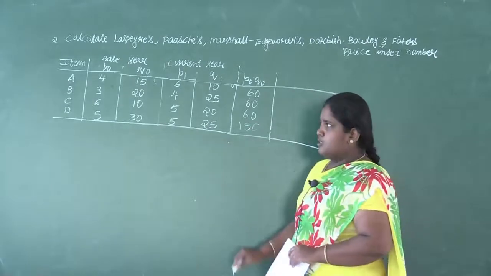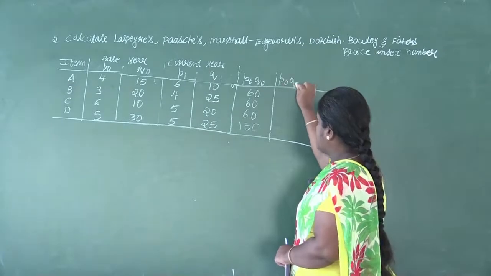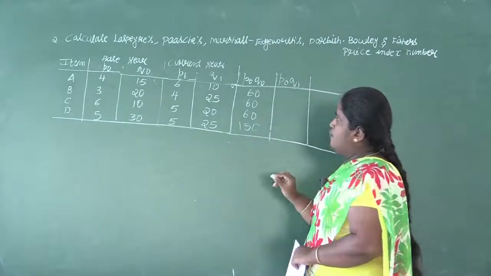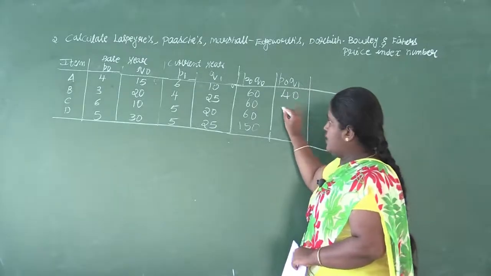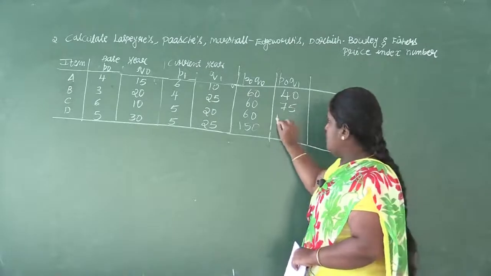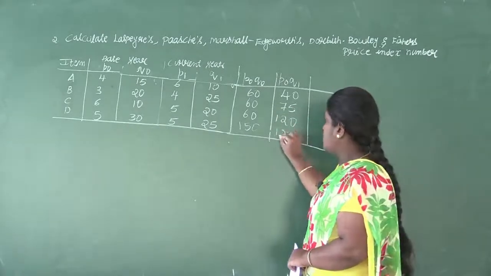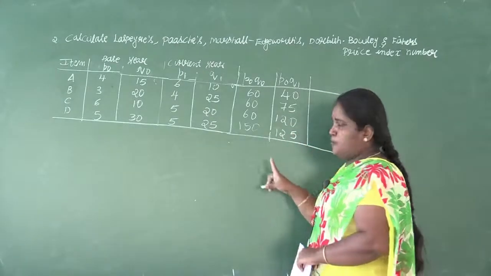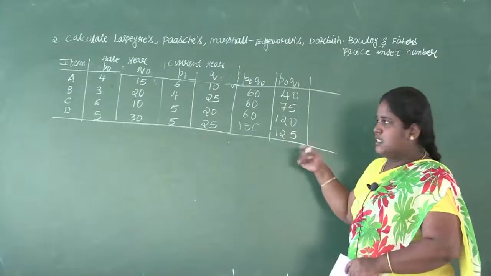Then multiply the base year price and the current year quantity. So we'll get P0 Q1: 4 into 10 which is 40, 3 into 25 is 75, 6 into 20 is 120, 5 into 25 is 125. Then all the combinations of base year price are done.